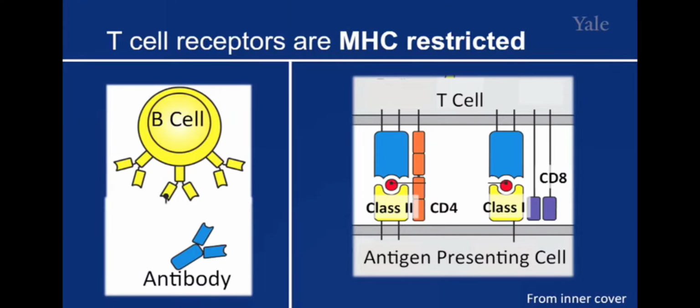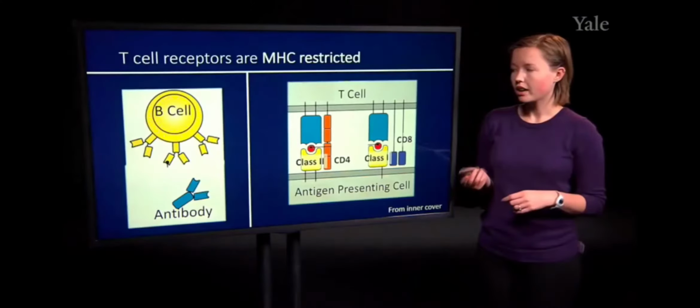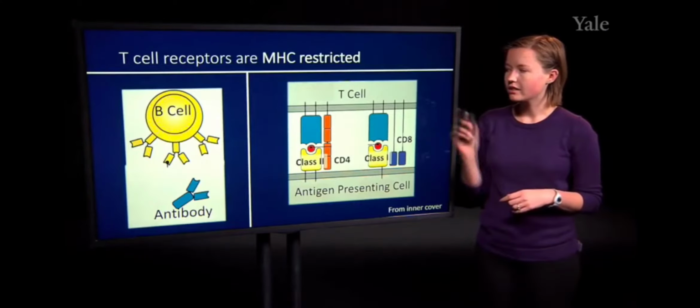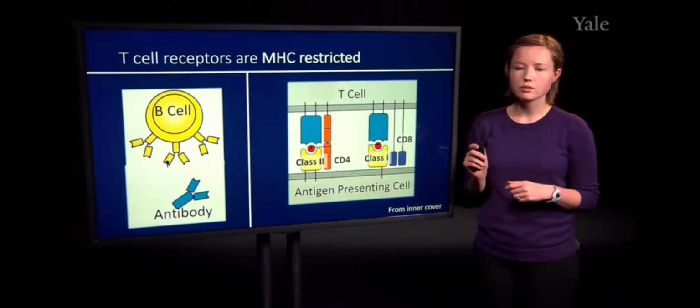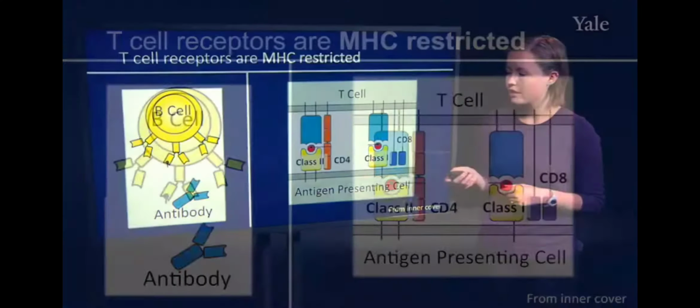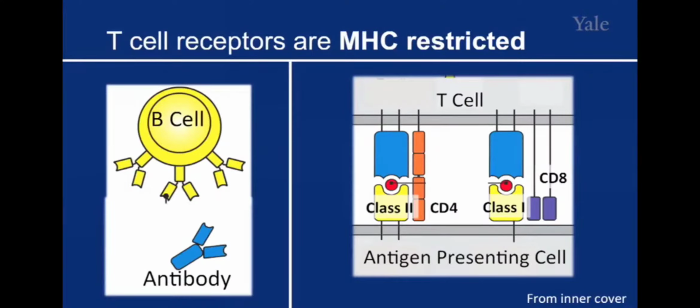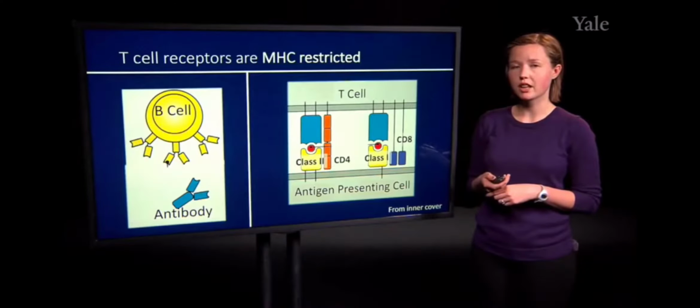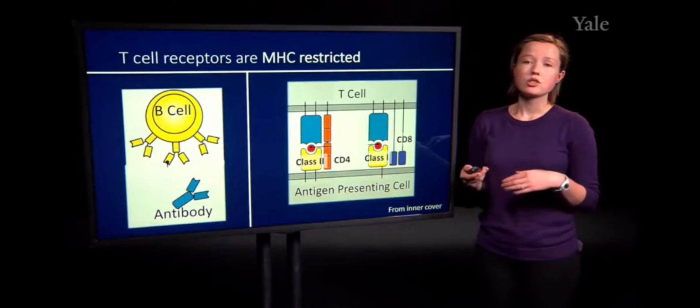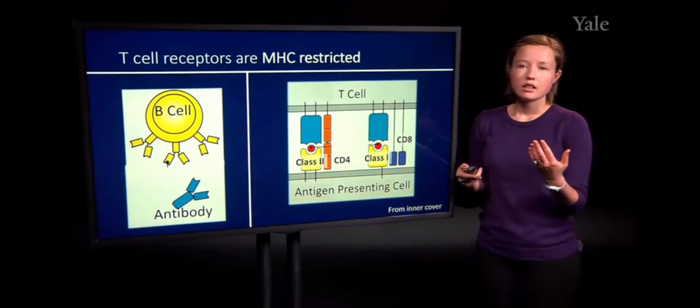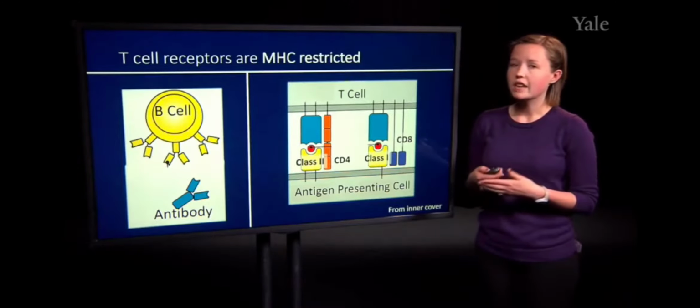By contrast, T cells, which come in two different flavors, which we'll talk about in more depth, Cd4 T cells and Cd8 T cells, need to see their antigen presented on these major histocompatibility complexes, or MHC Class 1 and 2, which are presenting the antigen as part of the innate immune system.